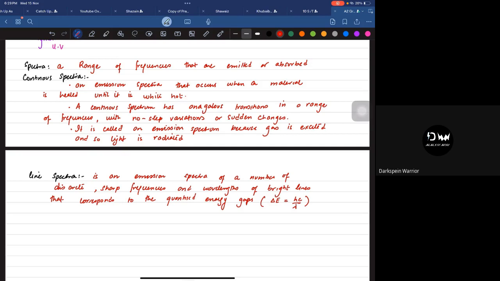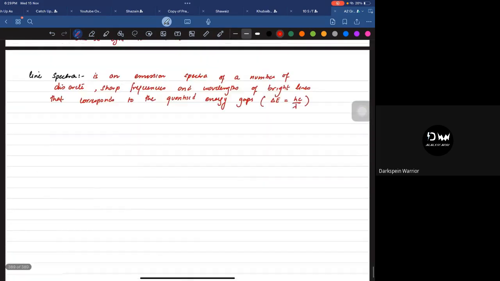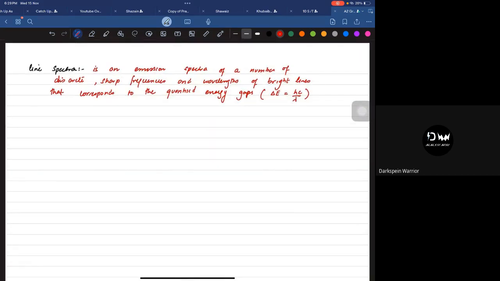So I'm going to tell you what these energy gaps mean. So basically, suppose that in an experiment we want to investigate or see the emission line spectra of hydrogen.